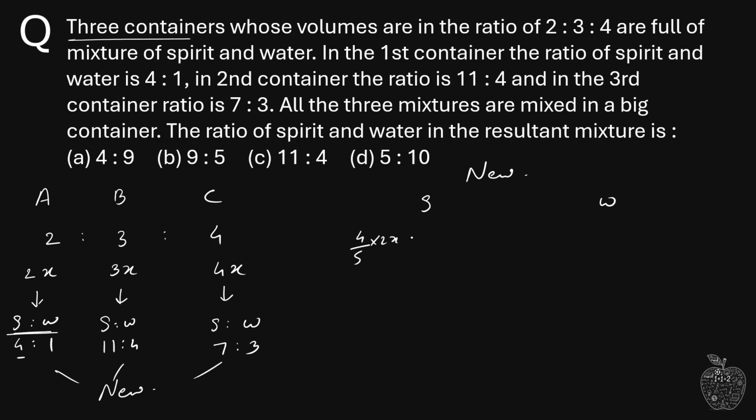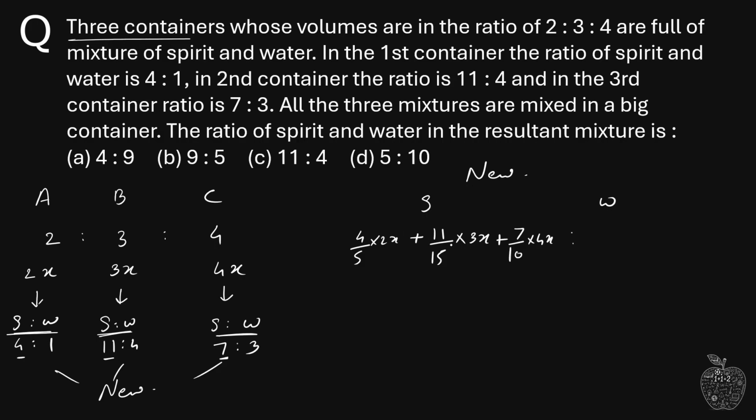So we multiply 2x, plus in B, 11 parts is spirit out of total 15 parts of this 3x, plus 7 parts is spirit out of total 10 parts of this 4x. So this is the value of spirit in this new container.